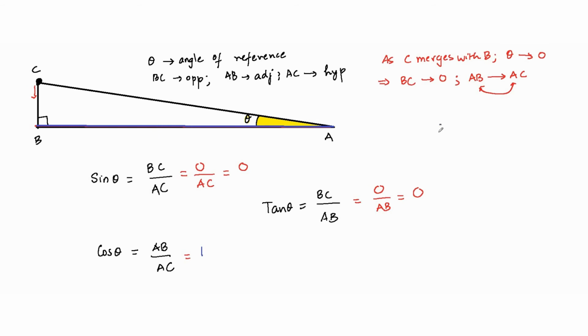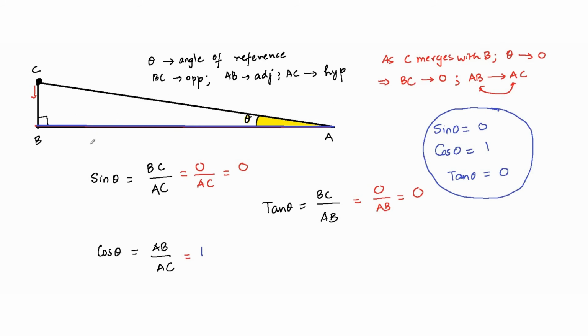Therefore, I can say that sine 0 is 0, cos 0 becomes equal to 1 and tan 0 is also equal to 0. We have found the 3 trigonometric ratios for the angle 0.